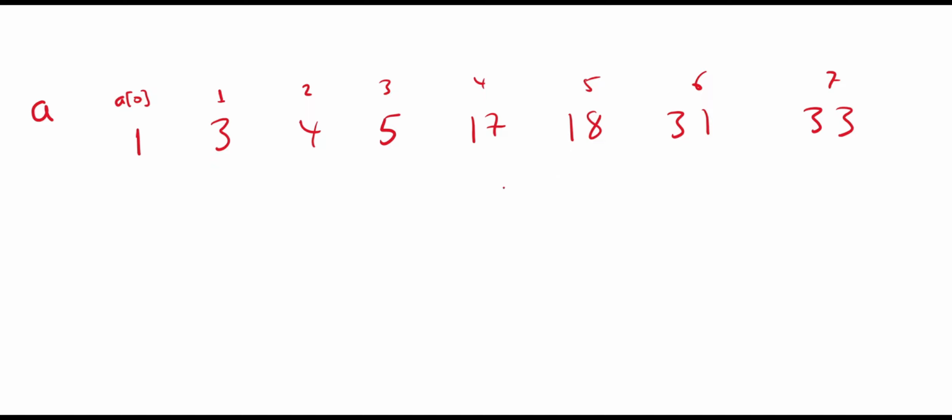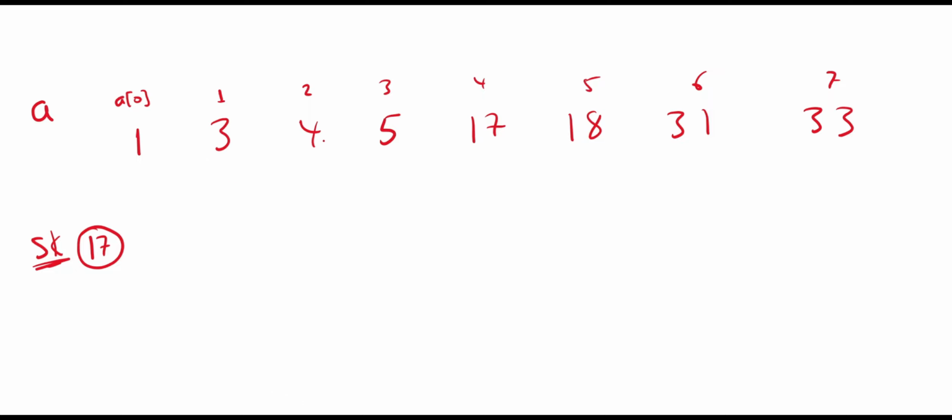Now, assume that we are searching for a number here, and let's say that it is 17. I'm calling it search key, and we will look if this number is in this sequence or not.